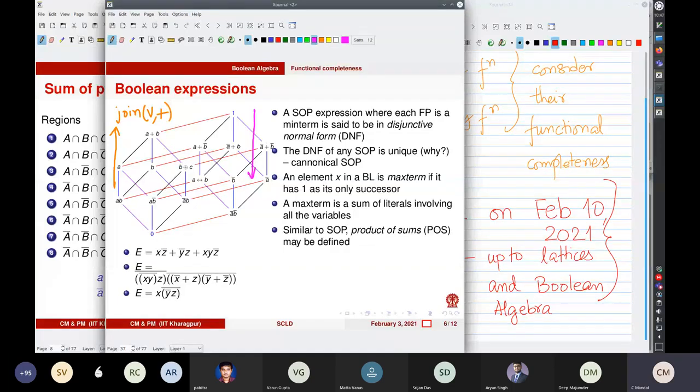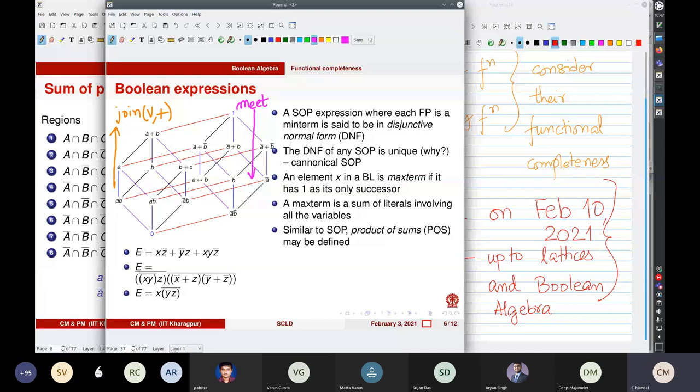Just as you can go up from bottom to top, each element can be represented as an irredundant, irreducible sum. So you can also go down because it's a symmetrical structure. If you look at the structure, it is completely symmetrical.